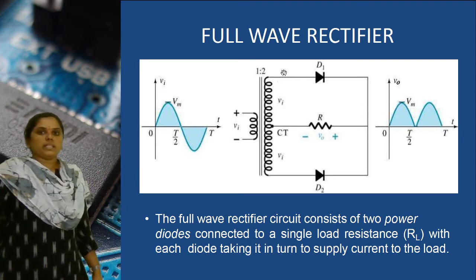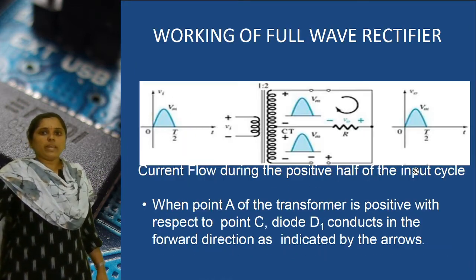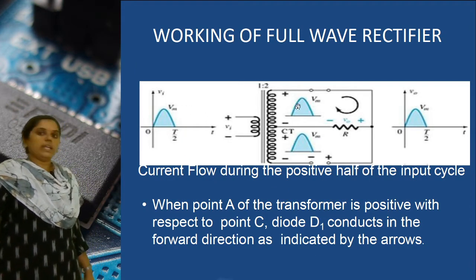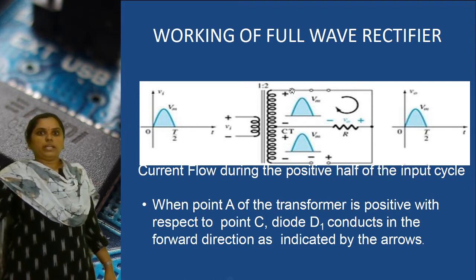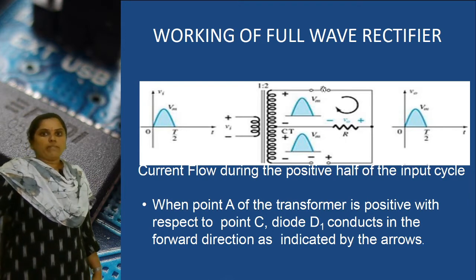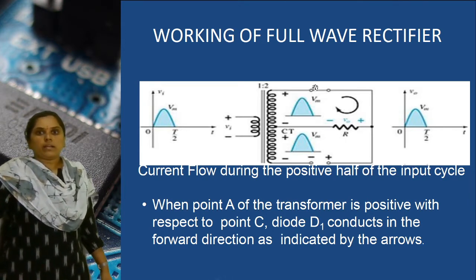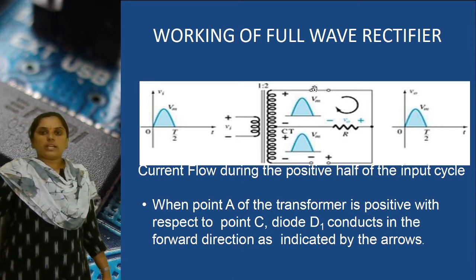Next, when we apply the positive half cycle to the circuit, diode D1 acts as a short circuit. Why?